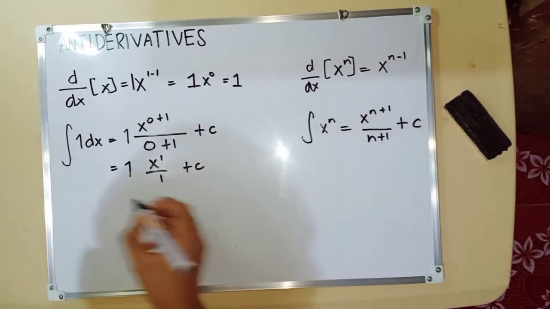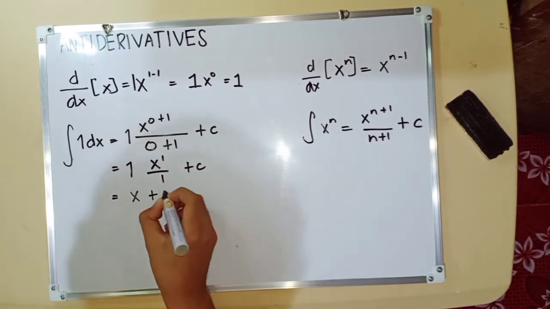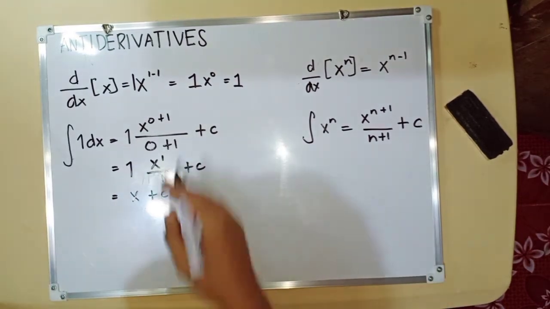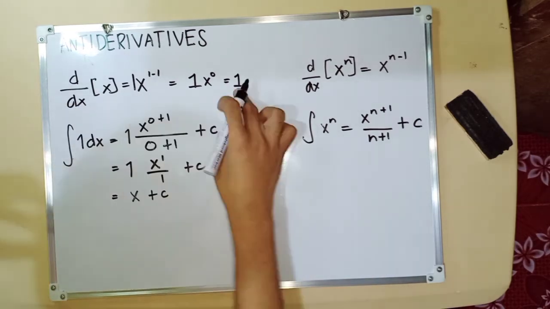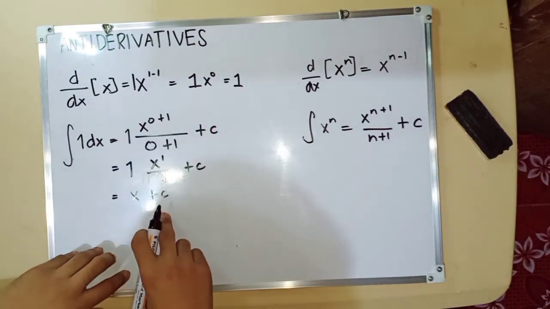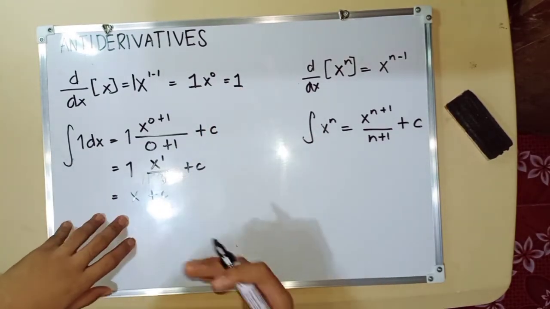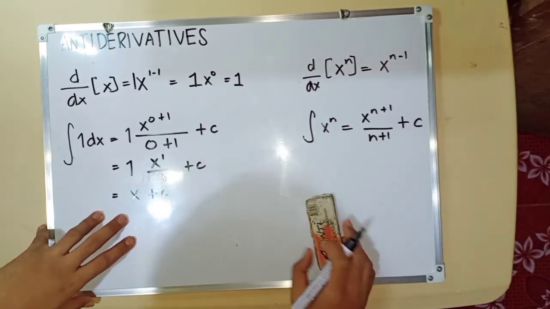I-simplify lang natin, mawawala itong 1 dito. So x plus c na lang ang sagot. So base nga sa nakikita natin, ang derivative ng x ay 1, habang ang antiderivative ng 1 ay x plus c. So, masasabi natin na ang antiderivatives talaga ay ang kabaliktaran ng derivatives.